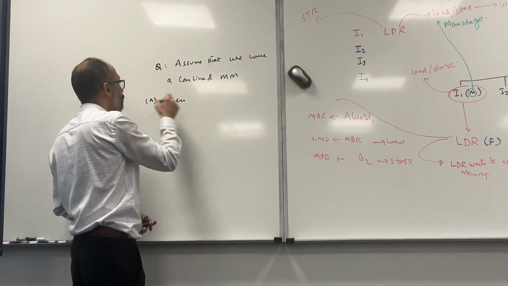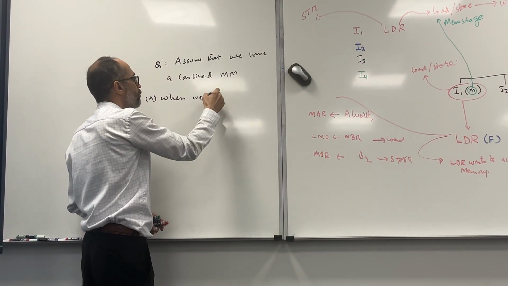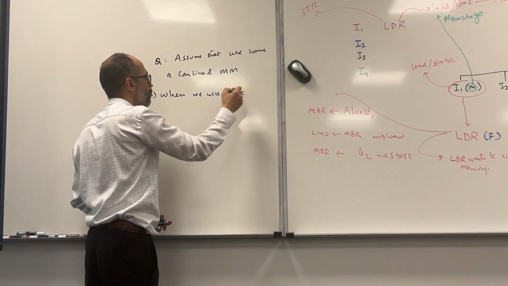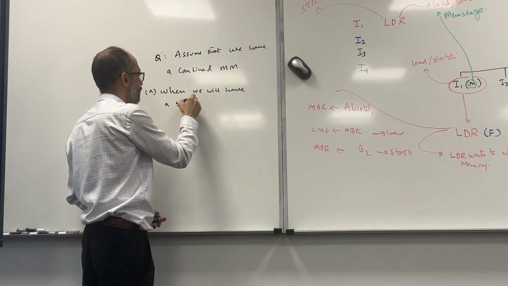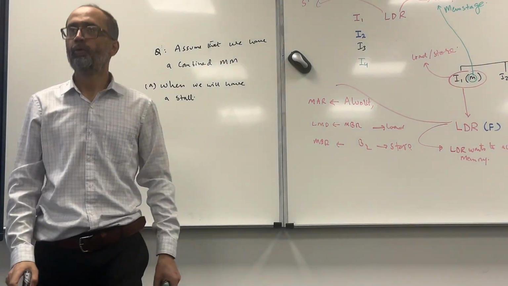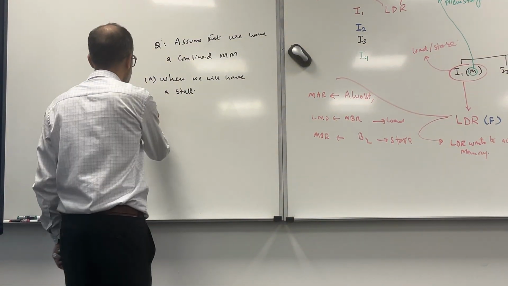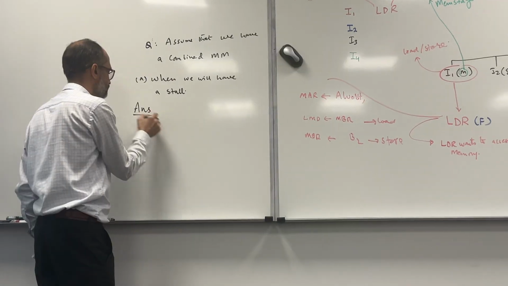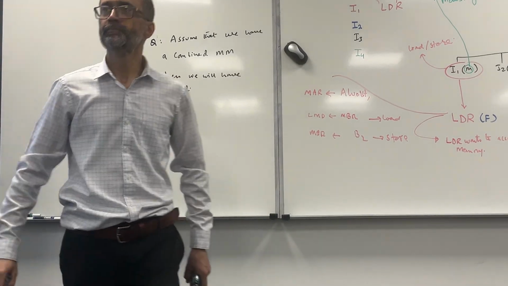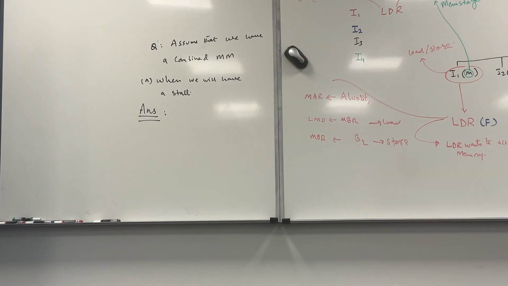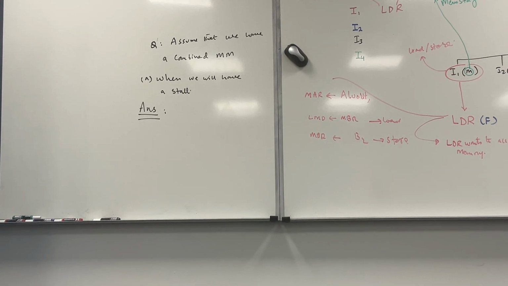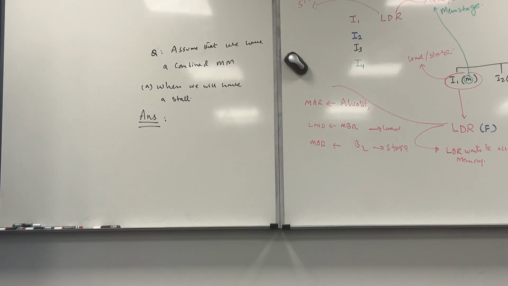Part A, when will we have a stall? What is your answer? Anyone who will answer this question will get 1 bonus mark. And please give me a generalized answer. Anyone who will give me the answer to this question will get 1 bonus mark.